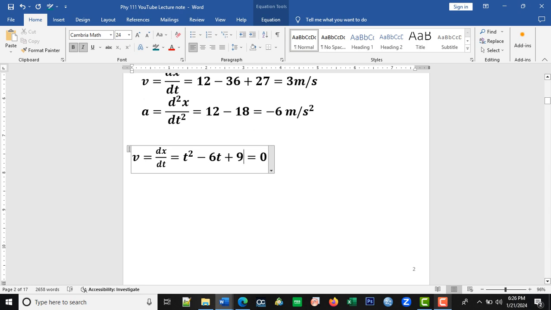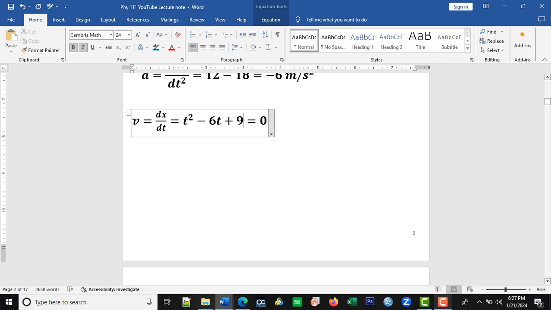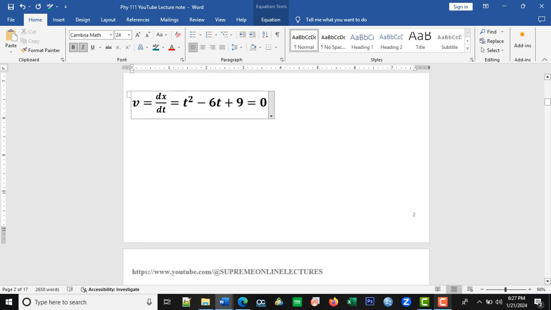So we have t squared minus 6t plus 9, dividing all through by 3. And if we factorize this expression, we will have that t is equal to plus 3.